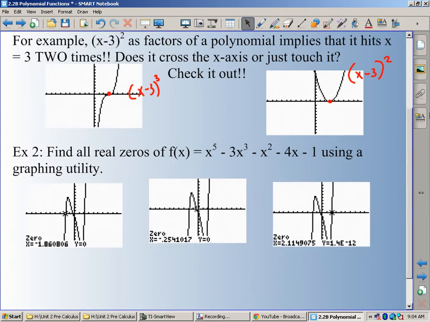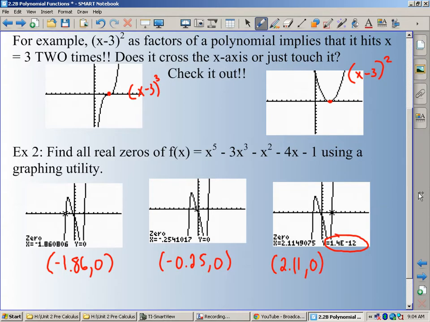If I factored this, I might find it. One zero is negative 1.86 and 0. The other one is negative 0.25 and 0. And the third one, even though it doesn't look like y equals 0, look, it's times 10 to the negative 12. Think about 12 zeros in front of that. That's a pretty small number, so we're going to call it 0. Those are my 3 zeros for this function.